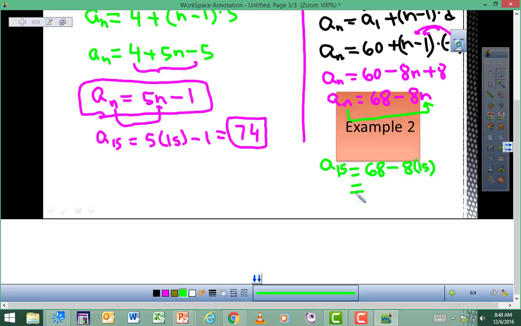What is it? 120. It's 120? I don't think it's 120. Tell me why. What's 8 times 15? 120. 8 times 15 is 120? And so that's a negative number. The negative number is bigger than the positive. Oh. So I know this is not a positive answer. Negative. Does that make sense?